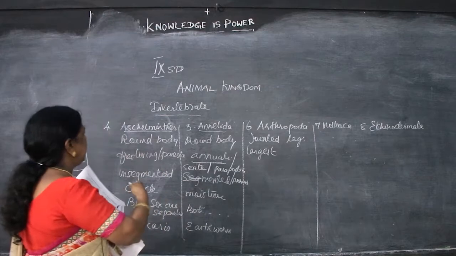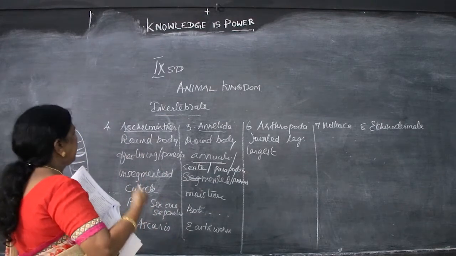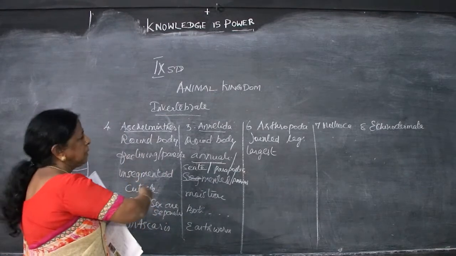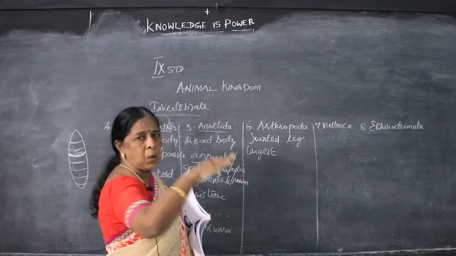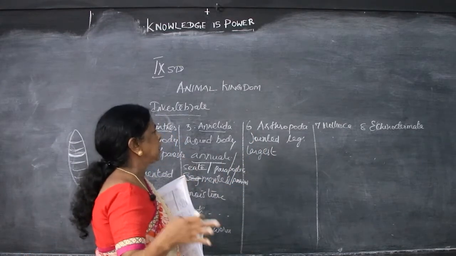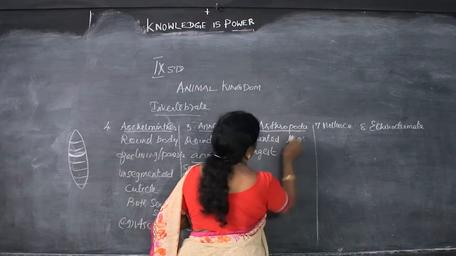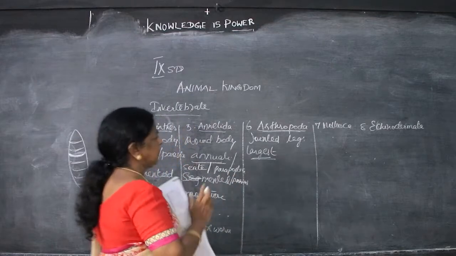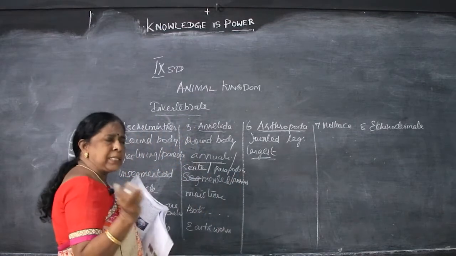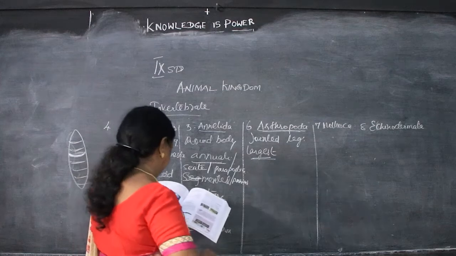In invertebrates, we have seen already Porifera, Coelenterata, then Platyhelminthes, Aschelminthes, Annelida, Arthropoda, Mollusca, Echinodermata. Among all the 8, which is the largest phylum? Arthropoda is the largest phylum. There are a lot of insects, because all jointed-legged organisms come under Arthropoda only.